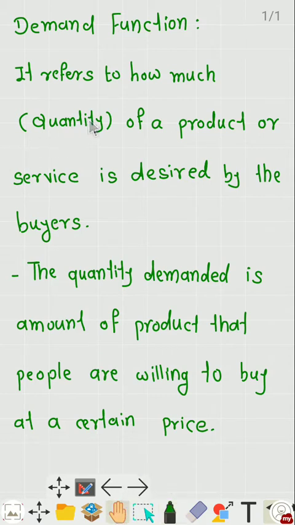It refers to how much quantity of a product or service is desired by the buyers. The quantity demanded is the amount of product that people are willing to buy at a certain price. It is called demand.